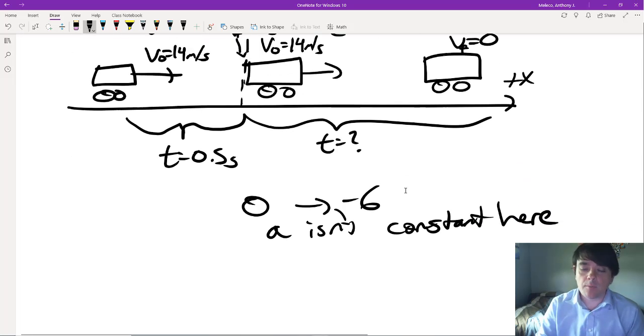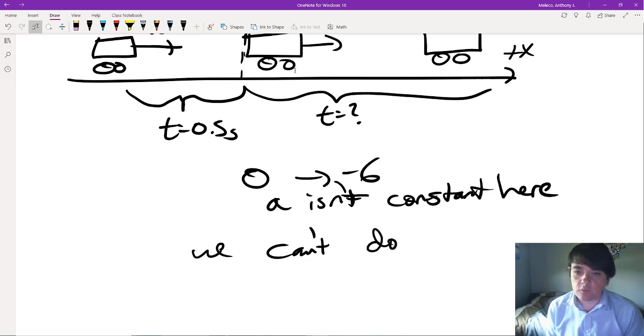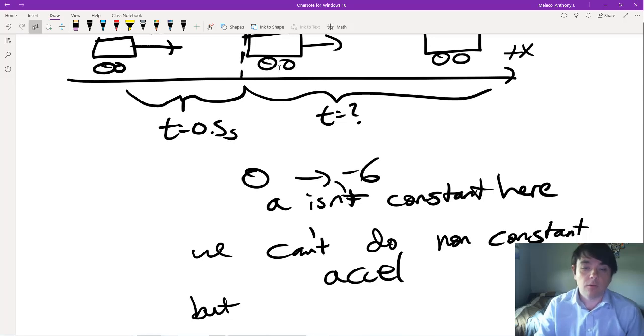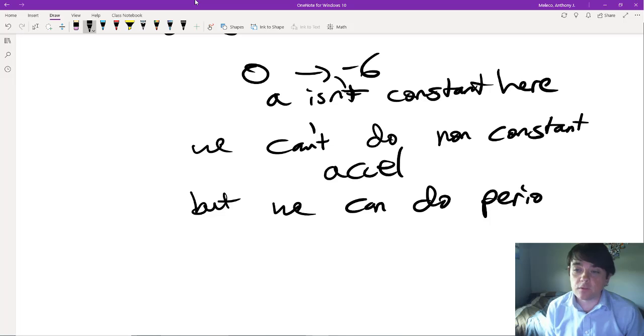And if you remember what I was talking about before, we can't, at least with the tools we have, do non-constant acceleration. That's where the issue lies. Anytime the acceleration changes, we can't do anything about it. But we can do periods of constancy.